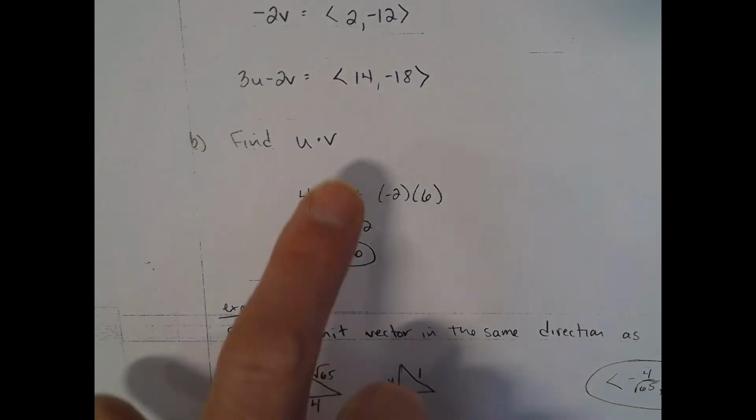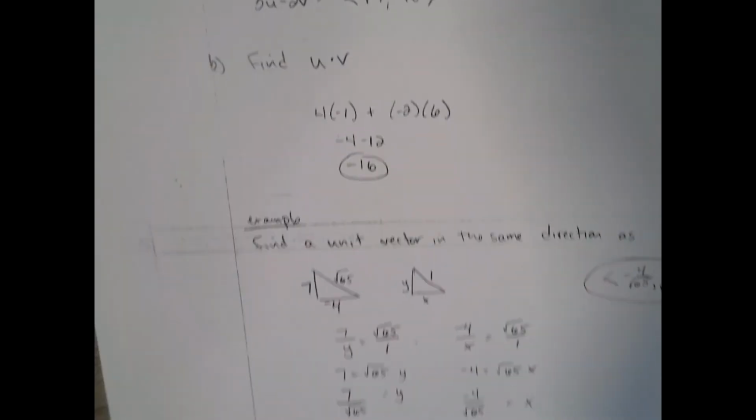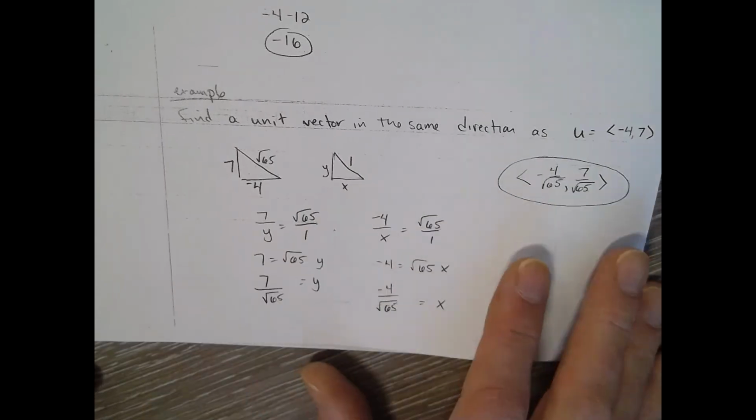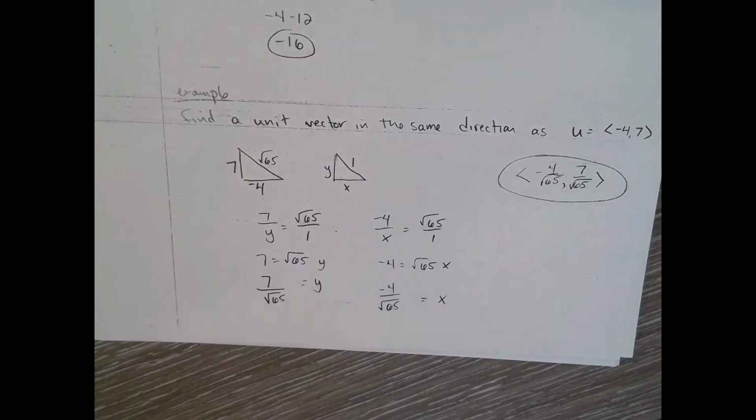You'll use it within formulas, but there isn't a great representation of what a dot product represents. It's a skill that you'll use within something. If u dot v gives you 0, that's your third word for perpendicular.